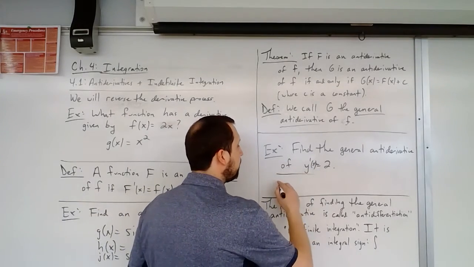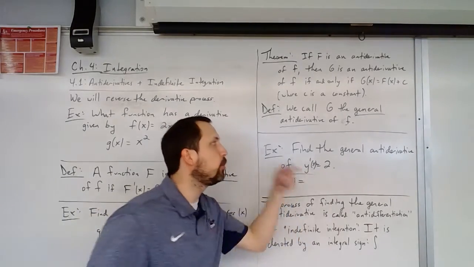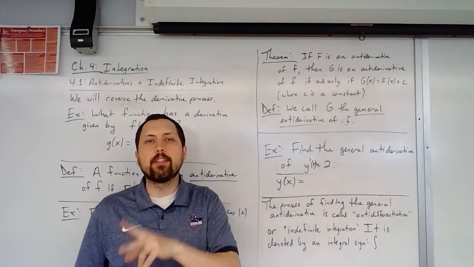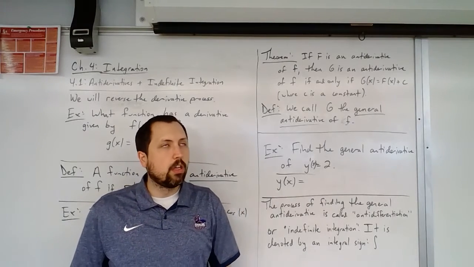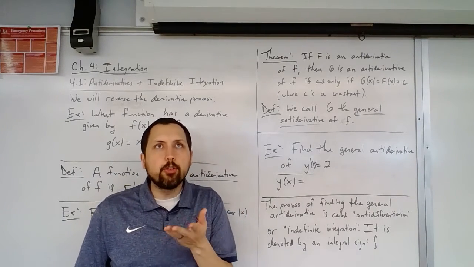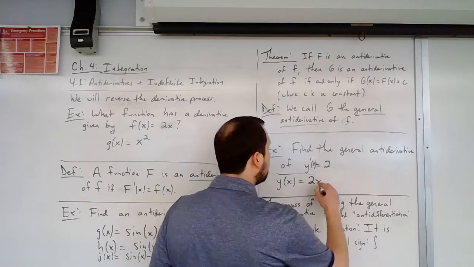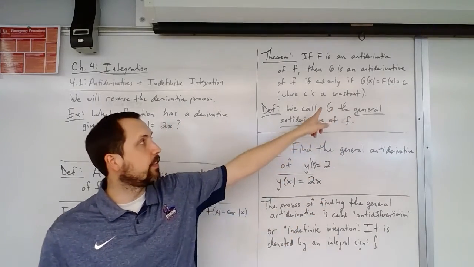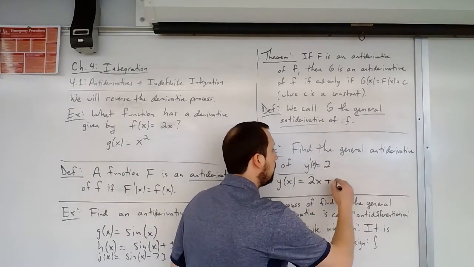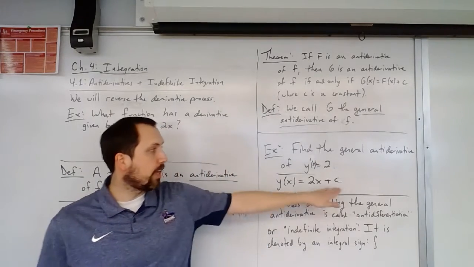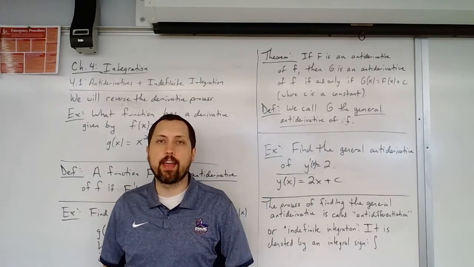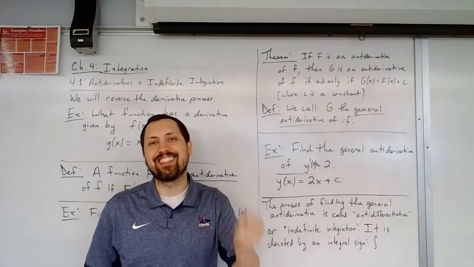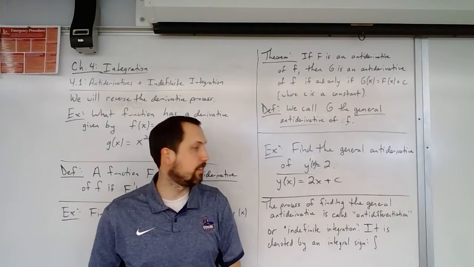Using the same notation, I can use, say, y of x. This would be my general antiderivative of y prime, right? You're looking for the function that has a derivative equal to 2. We think about, okay, what do I take the derivative of to get 2? Well, you should get 2x. So this is an antiderivative, but the general antiderivative will say plus c. This will categorize every single type of antiderivative when you write it like this. And we always assume when we see it written like this that c is always going to represent a constant.